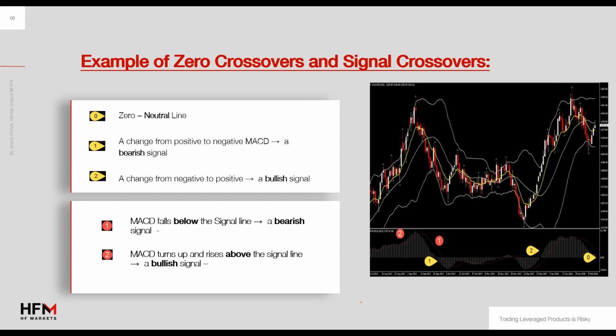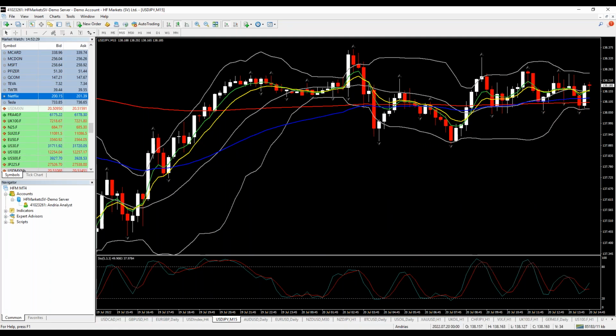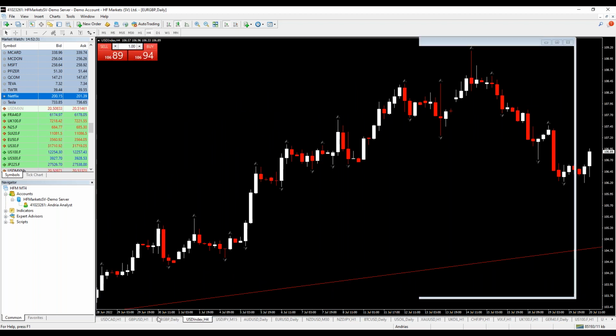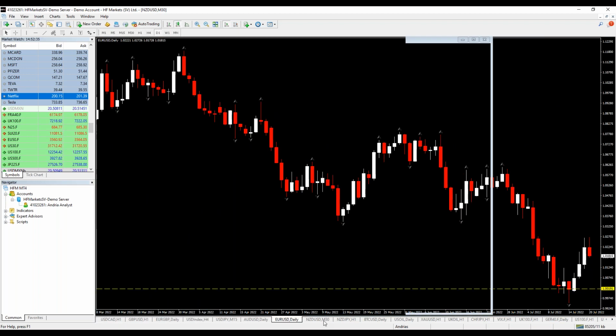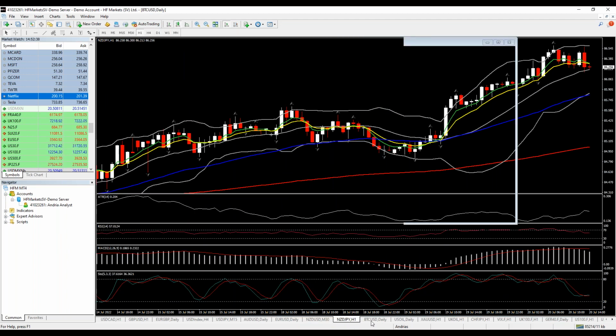Have in mind that if both lines of your MACD, the red and the histogram, are steady around zero, let me show you an example.